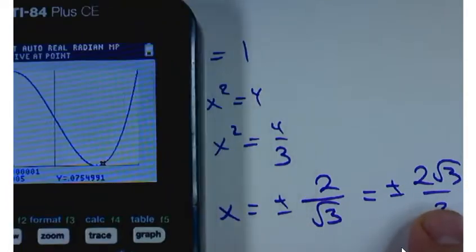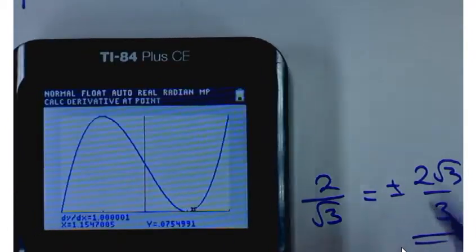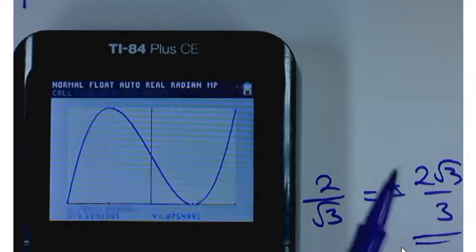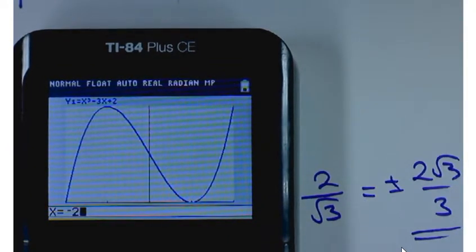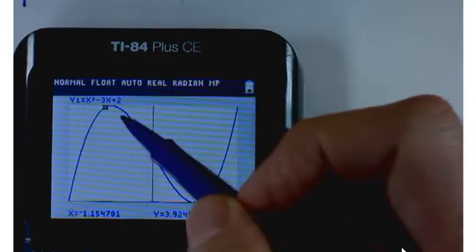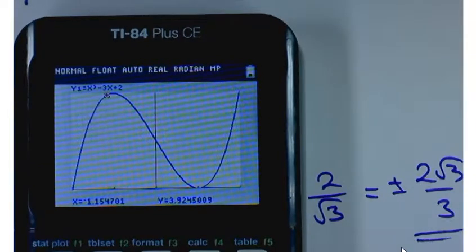Let's see, decimal value-wise, both of these would actually fit in the interval. So if I trace -2 divided by the square root of 3, then yeah, I get another point where the derivative would be 1. Well, I didn't do the derivative thing.